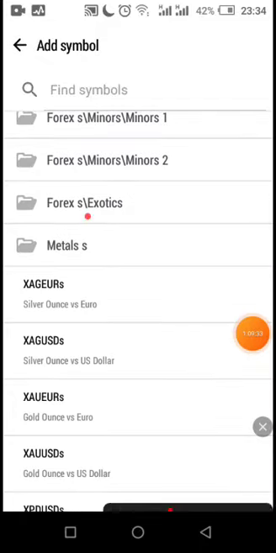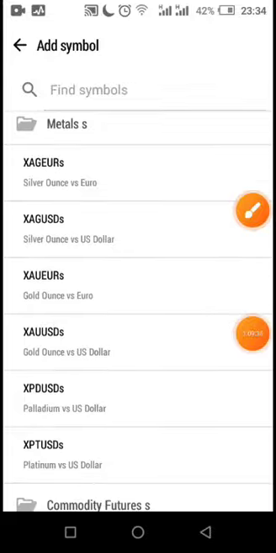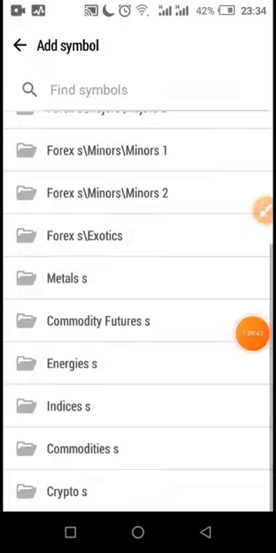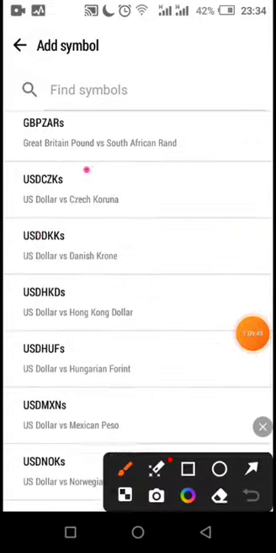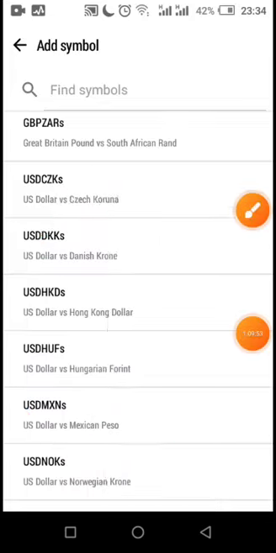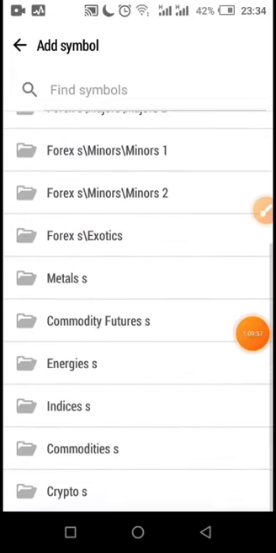Then for exotic currency pairs, which are of developing economies, of least developed countries, and also against the US dollar, I think you can trade these in the Asian Open session, but I'll just check and confirm also. I'm not really sure.